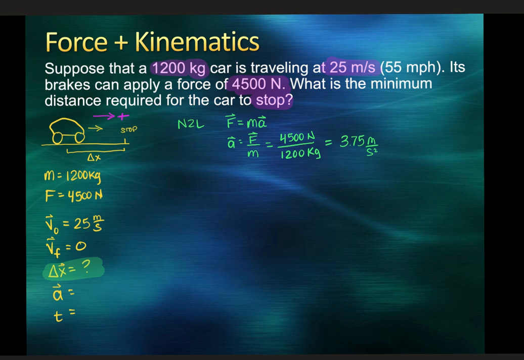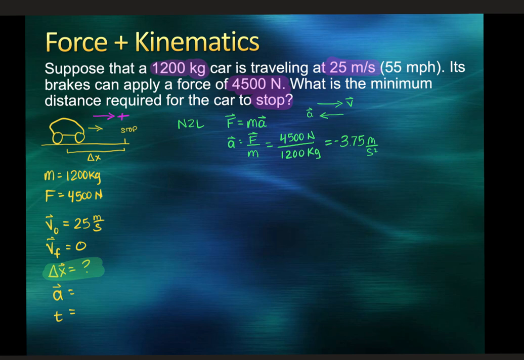Because remember that if an object is slowing down, that means that its velocity and its acceleration vectors are going in opposite directions. And so if my velocity is going this way, if I'm going to come to a stop, that means my acceleration vector has to be going that way. And so that means that this needs to be negative.